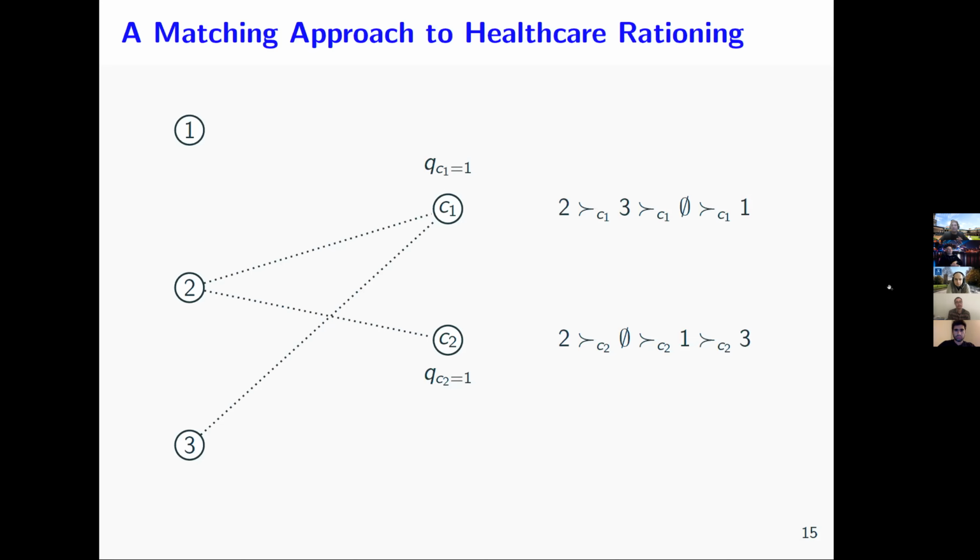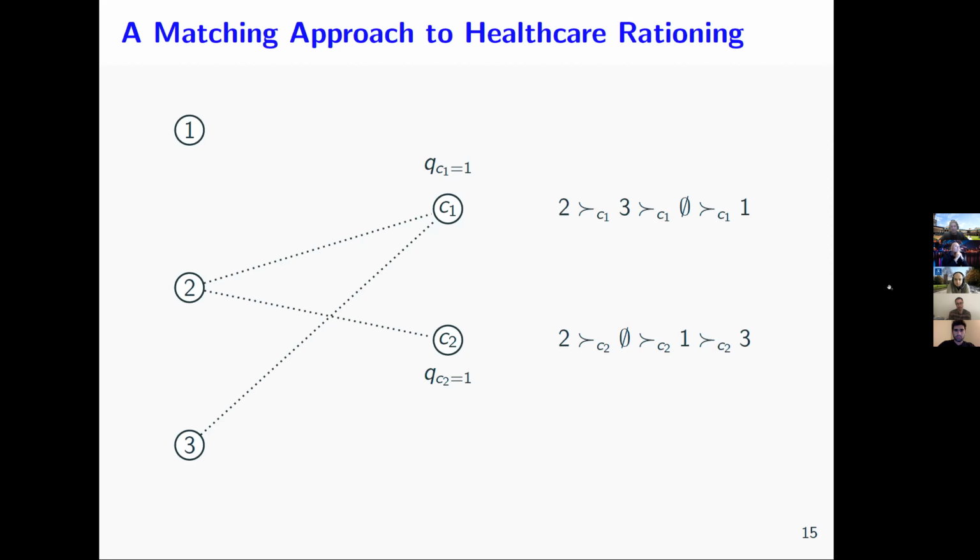So C1 has a priority list which has the highest priority for 2, then 3, and lastly, it has priority for agent 1. And in the middle, you might see this empty set notation, which simply signifies that agent 1 is ineligible for this particular category C1, whereas agents 2 and 3 are eligible for category C1.